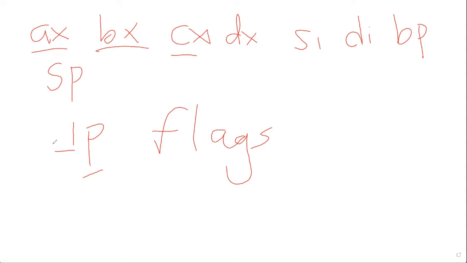Although the flag register in the 8086 is also 16-bit wide, each flag can only hold a value of one bit, just like an electrical on and off. So it's either 0 or 1.